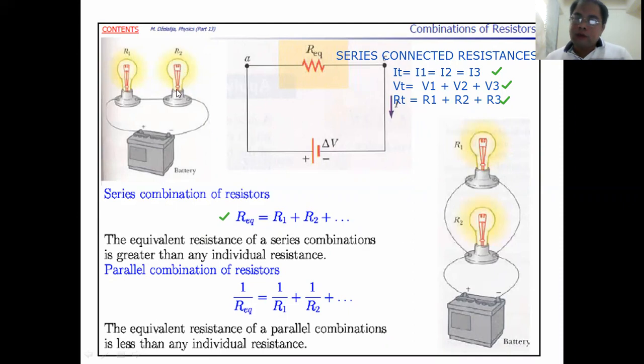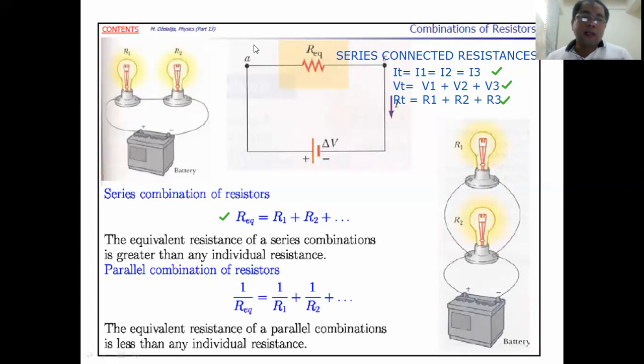But in series connection, if you remove one of the bulbs here, the flow of the current is eventually cut. So the bulbs will no longer function, even though you only remove one of them. But not in parallel connection. In parallel connection, the current will simply pass through another path whenever you remove one of the connected devices.